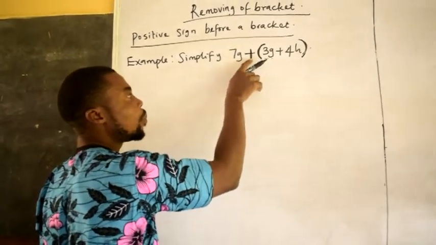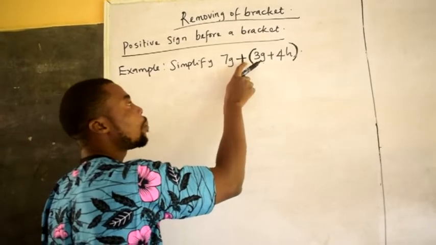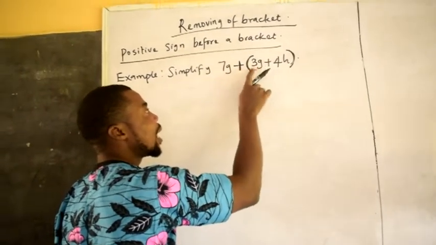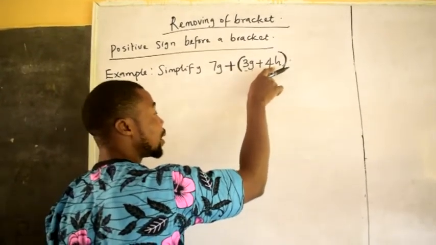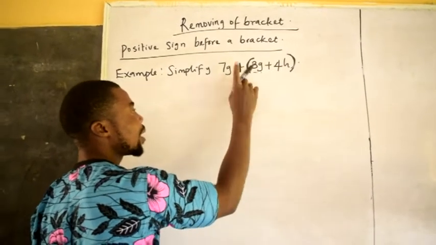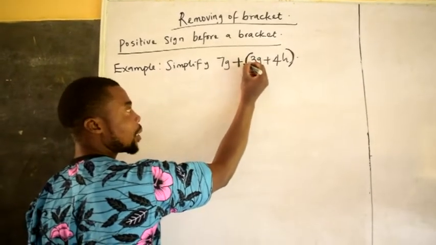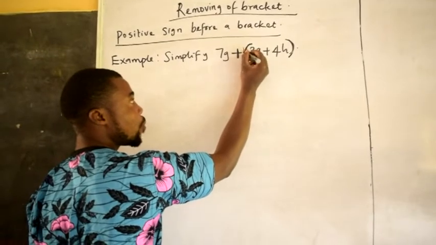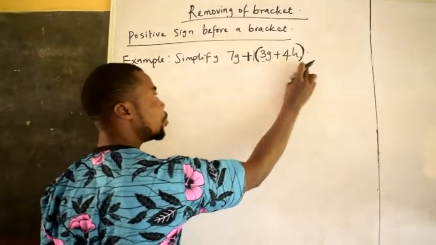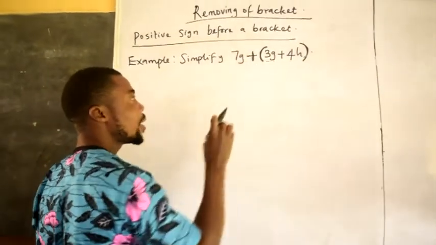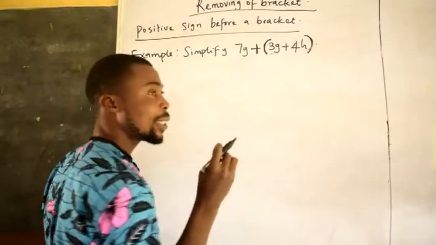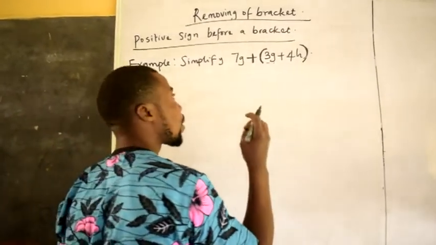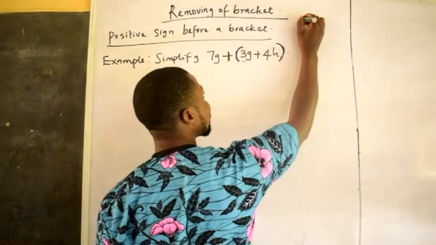So it is this plus that is multiplying this and is also multiplying this. This plus has an invisible 1. So invisible 1 is multiplying the bracket. So in this case, let me write out this thing.